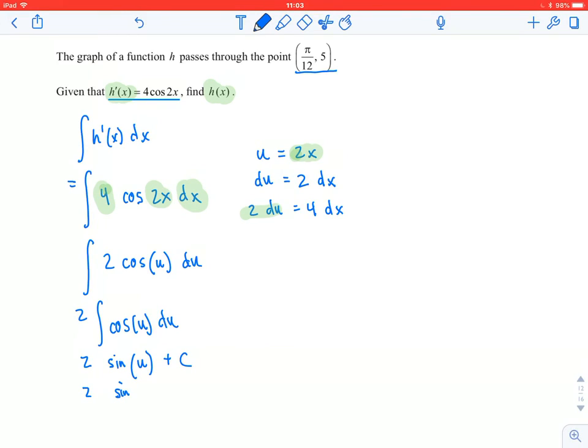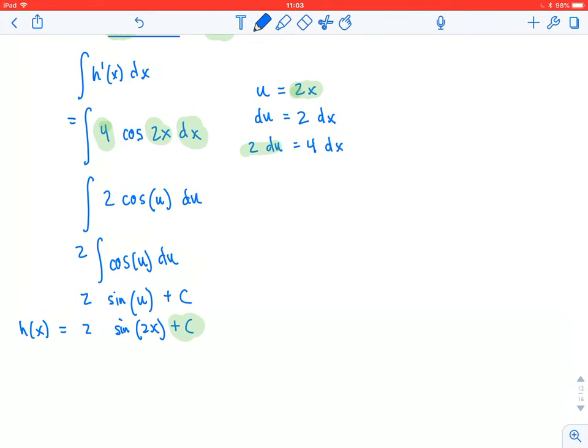So this becomes 2 sine of 2x plus c, and that is our h of x. Don't forget that plus c, very important, specifically because this function could move up and down on the y-axis and still have the derivative function that we were given at the beginning of this problem.